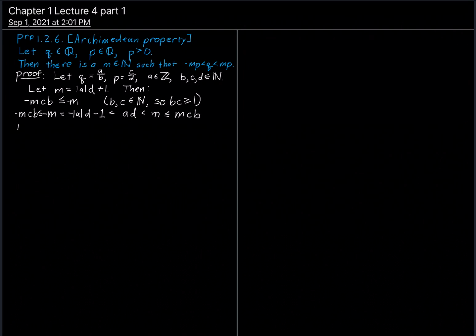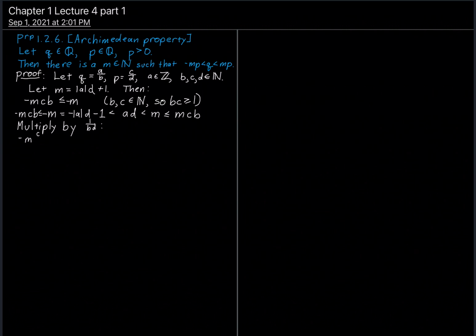And then we multiply this long chain of inequalities by 1 over BD, and because B and D are both positive, this isn't going to flip any of the inequalities.